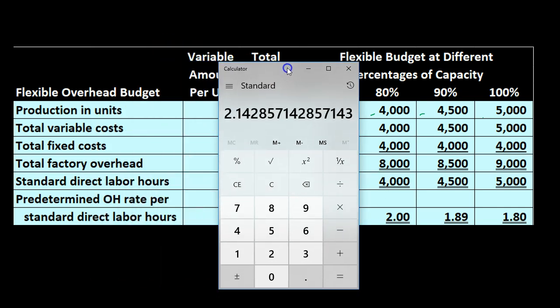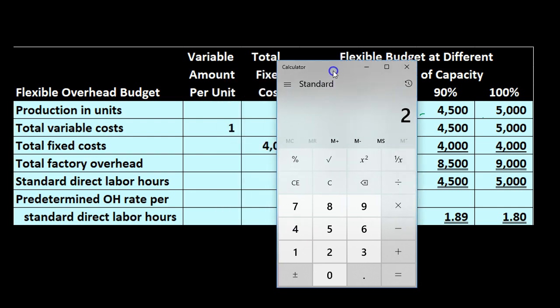And then if we take the activity level at 80%, we've got the 8,000 divided by the 4,000, and that's going to give us the 2. And of course, if we continue this process, the 8,500 divided by the 4,500 is the 1.89 about.